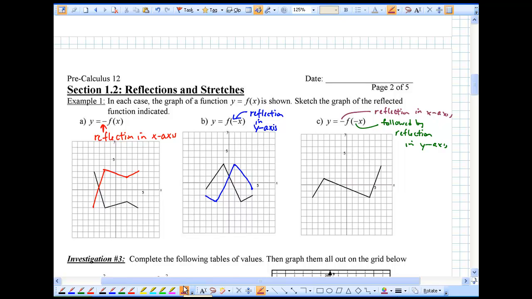So in this case, I've chosen to do the x first. Then I'm going to take the purple graph and reflect in the y-axis.